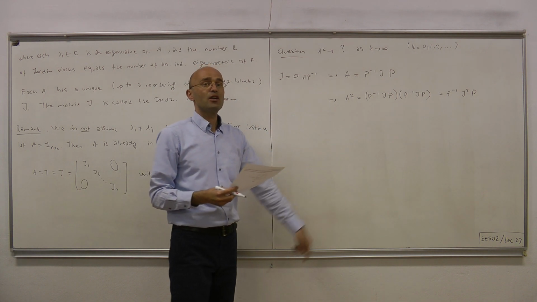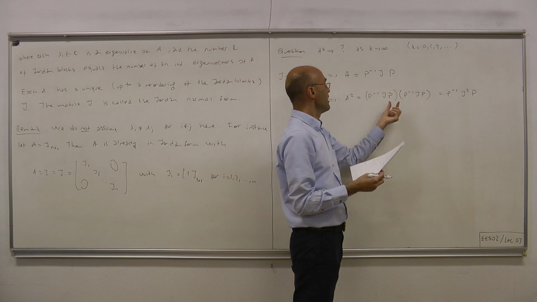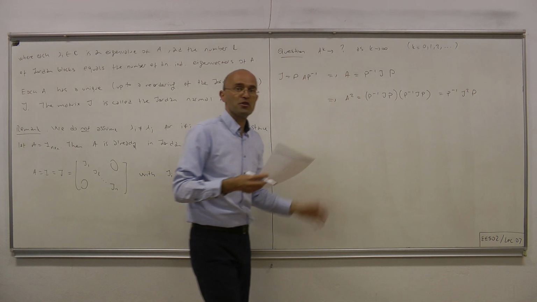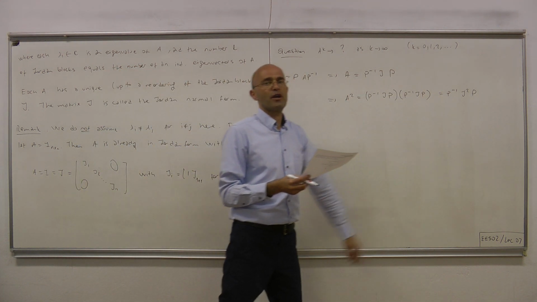If you consider A cubed, all those P P inverses will cancel, and you will have J multiplying another J and another J, and so on.